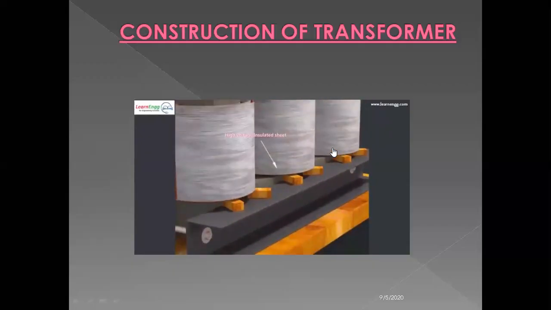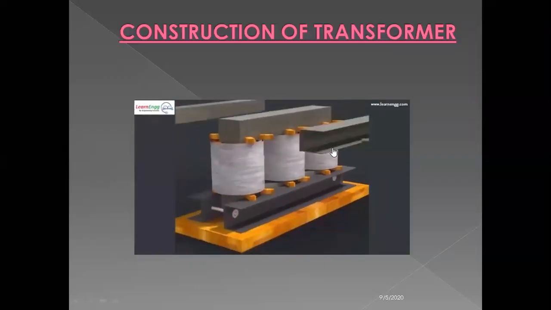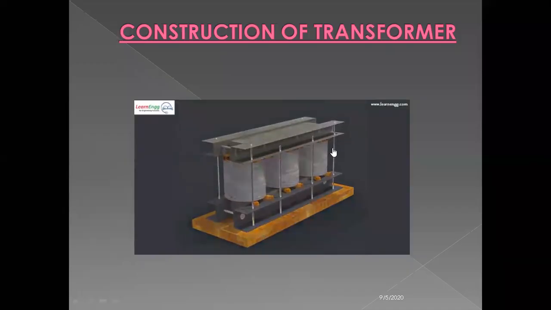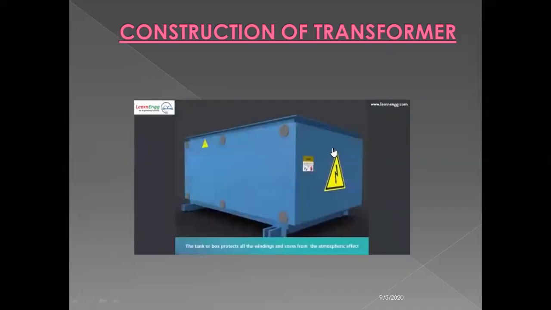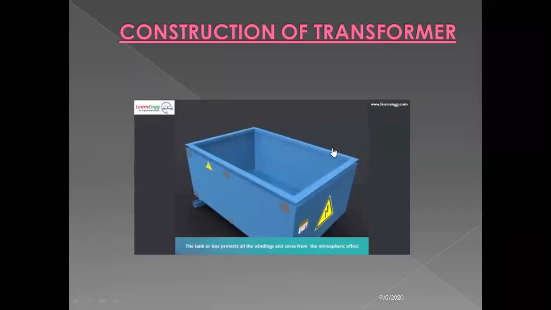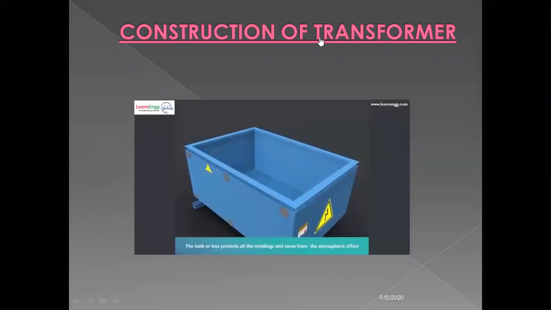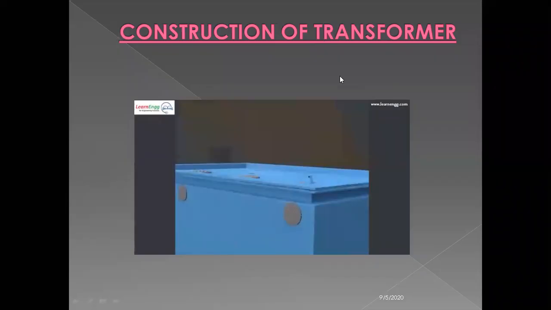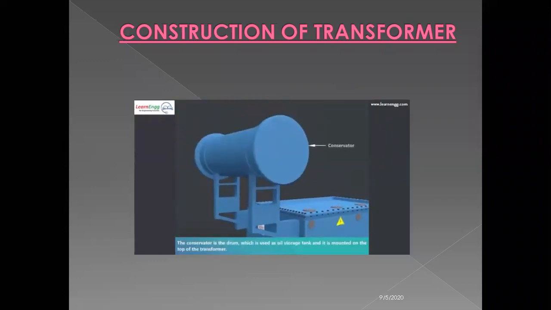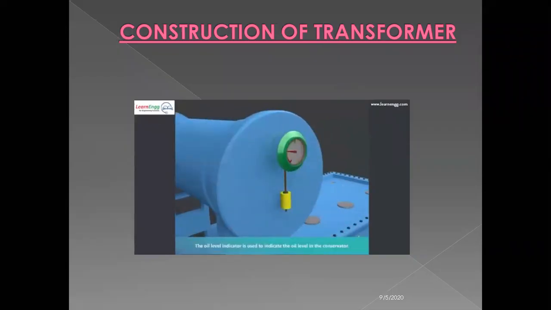High voltage insulated sheet. The tank or box protects all the windings and cores from the atmospheric effect. The three-phase winding is inserted into the tank. The conservator is the drum, which is used as an oil storage tank, and it is mounted on the top of the transformer. The oil level indicator is used to indicate the oil level in the conservator.